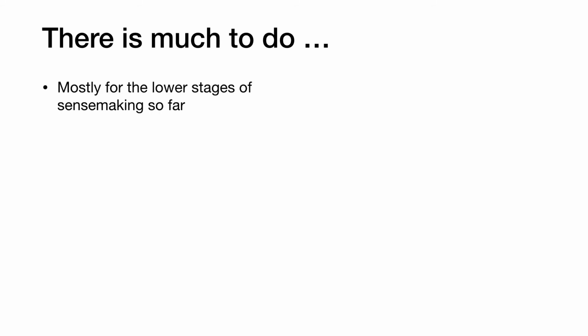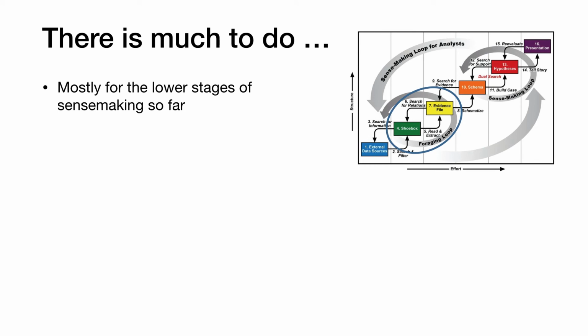Okay, so this is certainly just a starting point for sense-making research. In SenseMap, mostly the features only support the lower stage of the sense-making. If we go back to this model, we can see the SenseMap tool allows for shoeboxing and collection of evidence files.